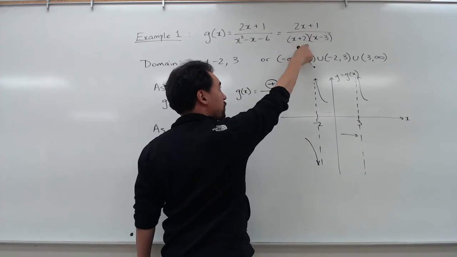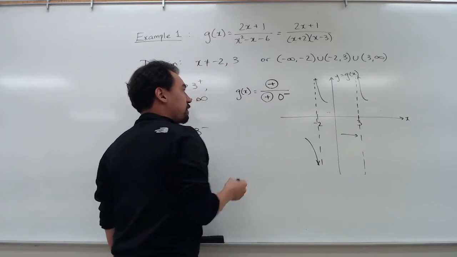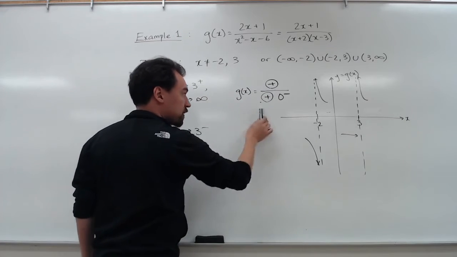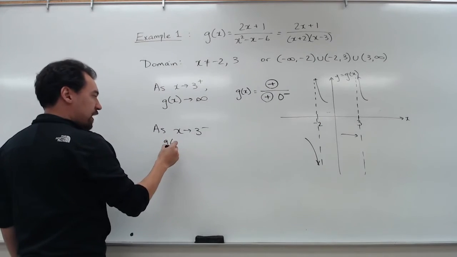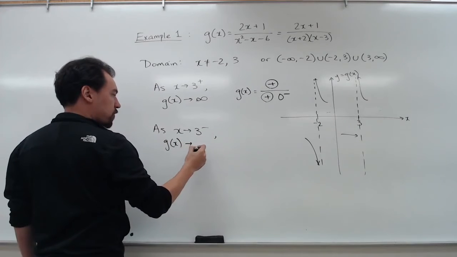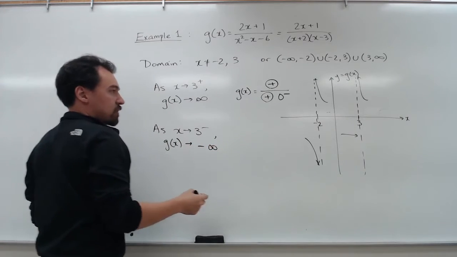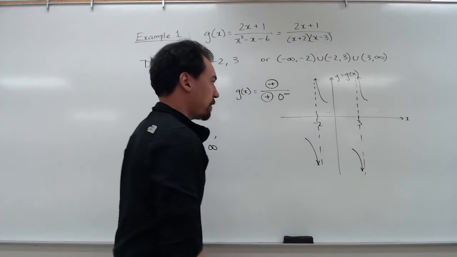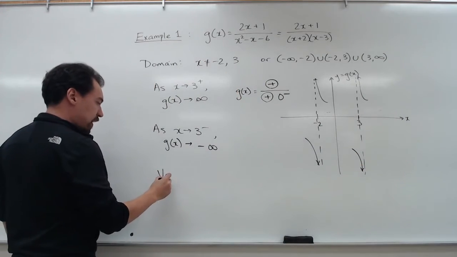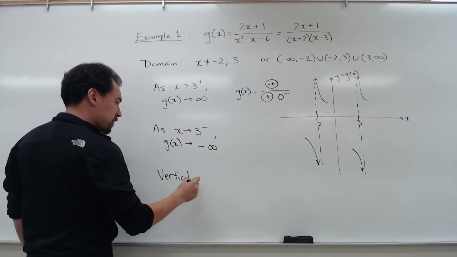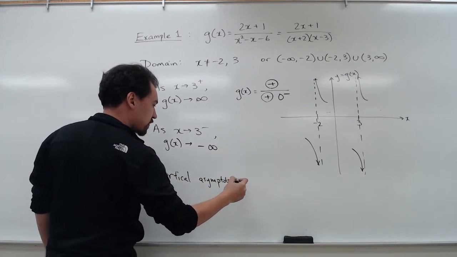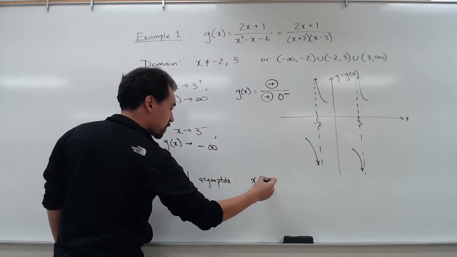And then close to 3 plus 2 is close to 5. Overall, this will give me a negative number, because positive over negative, which means g of x will approach negative infinity. So I have a behavior that goes down this way. These put together tell me I have a vertical asymptote at x equals 3.